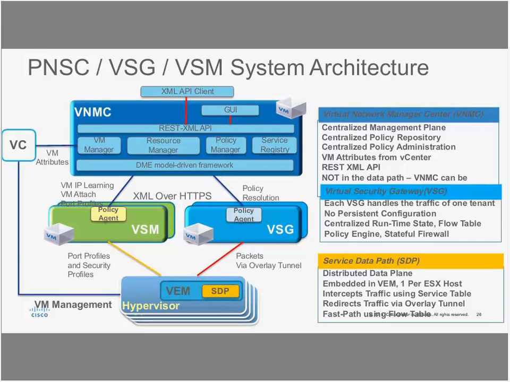It will pull the information from VSM for those VMs' port profiles, VM IP learning, and based on what you configure on PNSC, that will be pushed to the VSG using the policy agent to configure new service profiles, device profiles, security, vZone, firewall policies, and so on.